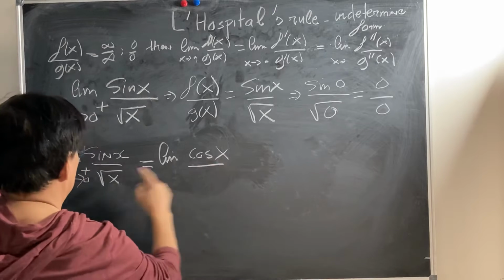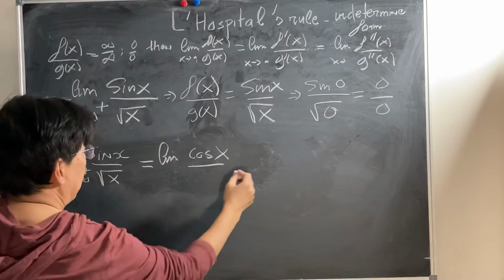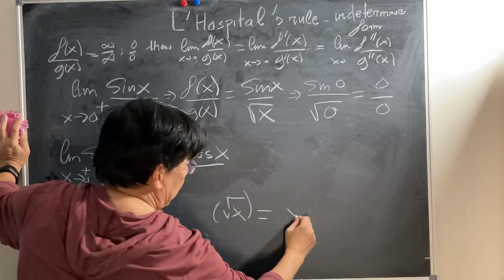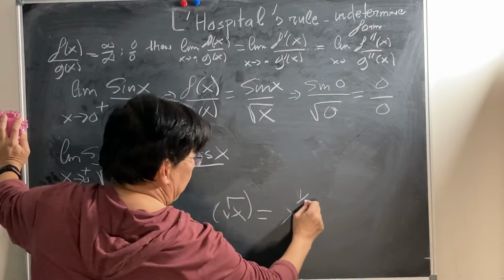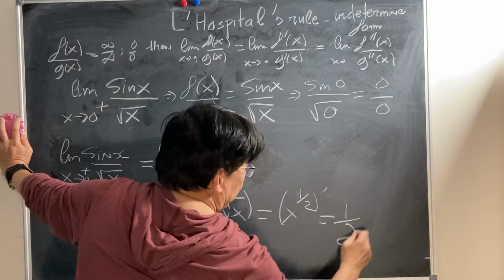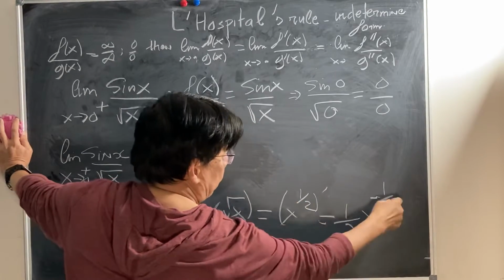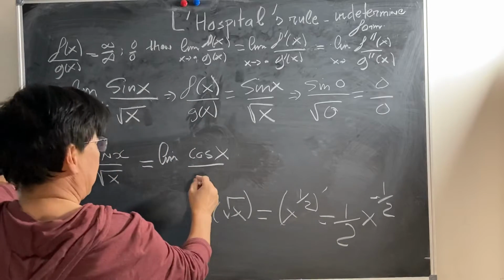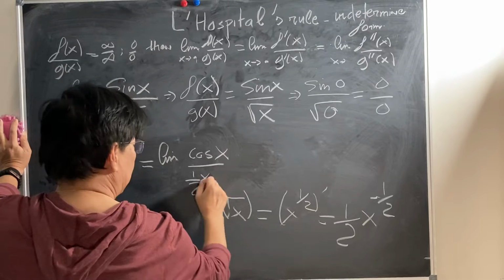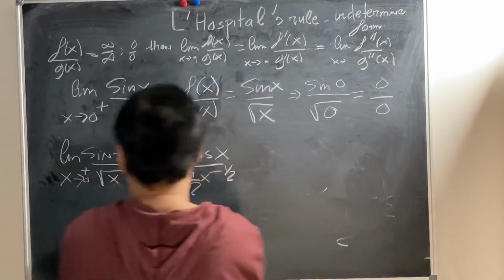And then the derivative of square root of x. Apply the power rule: square root of x equals x to the 1/2, and taking the derivative gives 1/2 times x to the minus 1/2. 1/2 minus 1 gives minus 1/2. So you have 1/2 x to the minus 1/2, as x goes to 0.